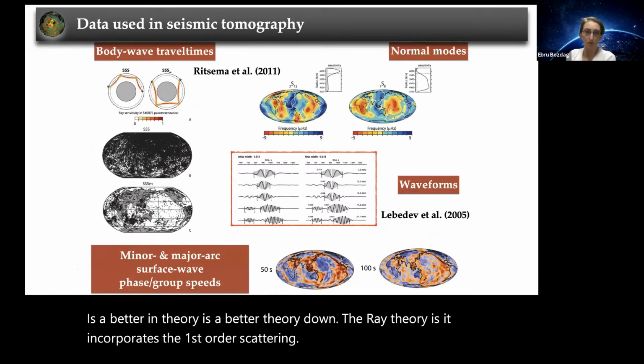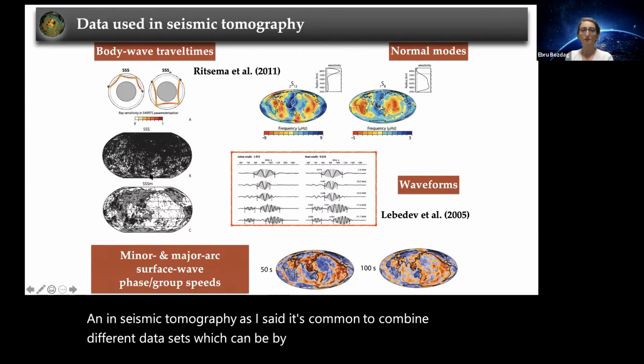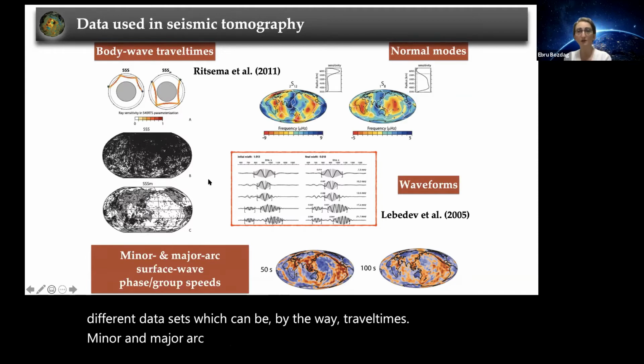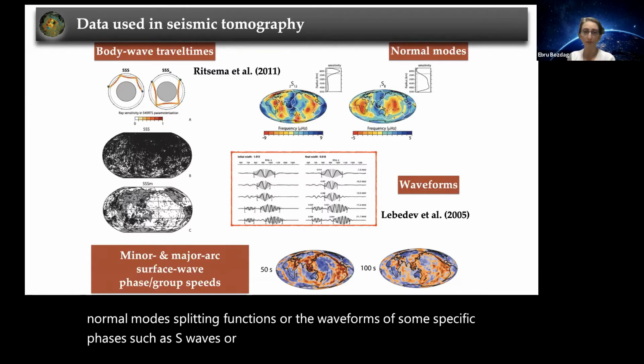And in seismic tomography, as I said, it's common to combine different data sets, which can be body wave travel times, minor and major arc surface wave phase and group wave speeds, or normal mode splitting functions, or the waveforms of some specific phases such as S waves or the surface waves.